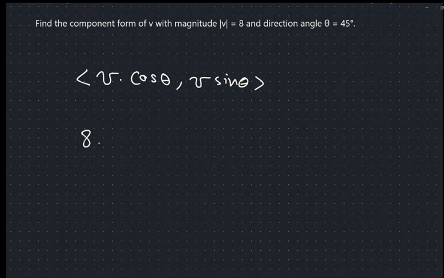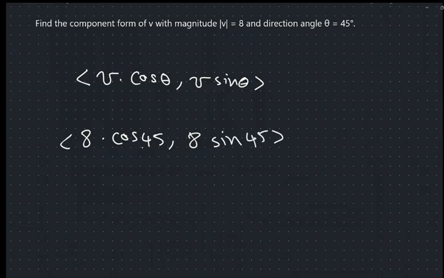We will have, in the first case, 8 times cosine 45, and then here we will have 8 times sine 45. And we know that cosine and sine 45 is equal to √2/2, so the answer is going to be equal to 4√2 and 4√2, and this is our answer.